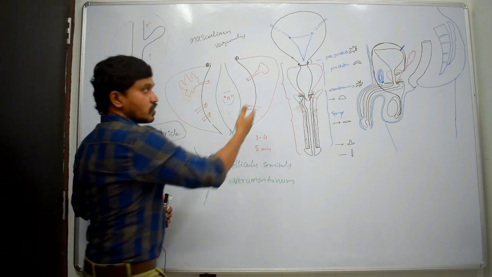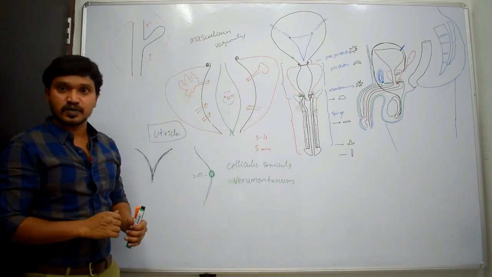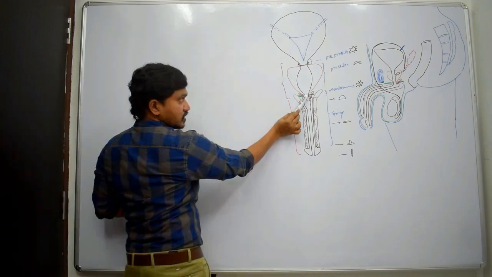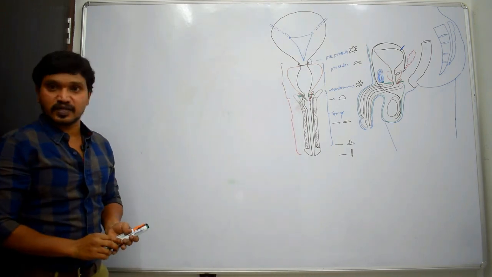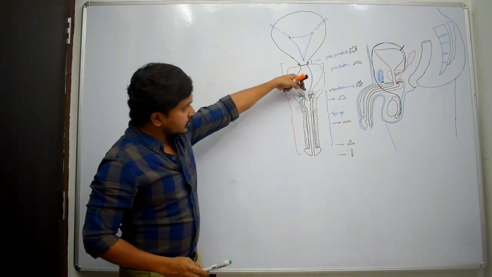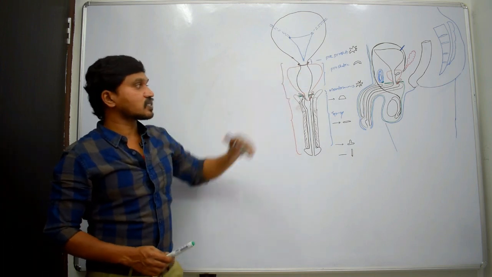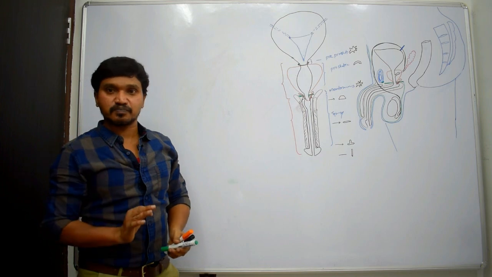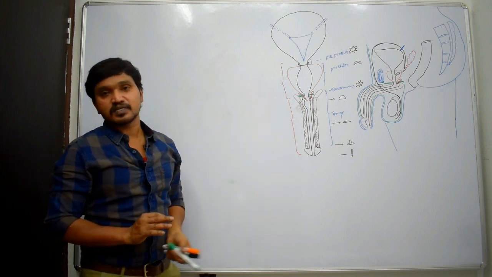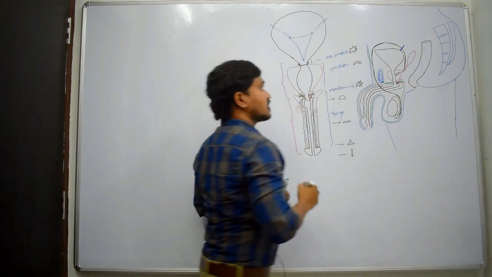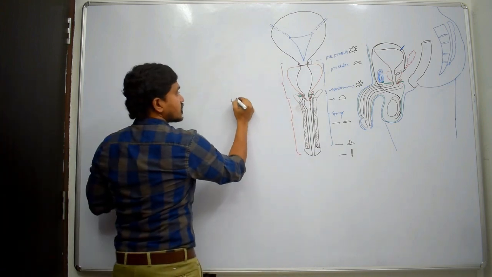Next we will discuss the next one, that is membranous urethra. Let me remove this. This part is membranous urethra. Here this part of the urethra is passing through the perineal membrane. That's why this urethra is called membranous urethra. If we take the measurements of it, anterior wall of membranous urethra is 2 centimeters.